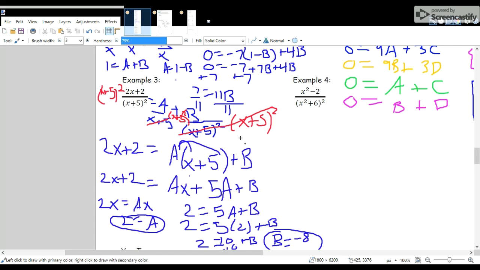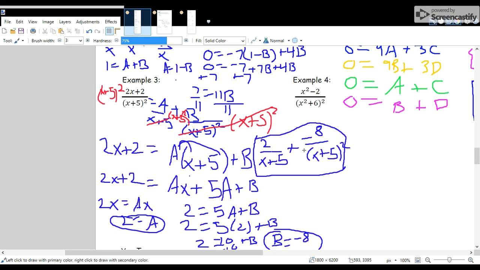So we just plug those back in to our form right here. We have 2 over x plus 5 plus negative 8 over x plus 5 squared. And that is our decomposed partial fraction.